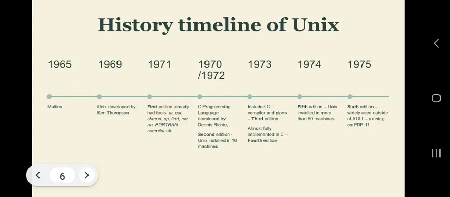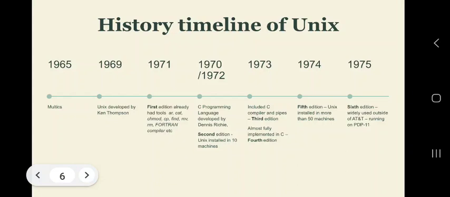In 1972, the C programming language was developed by Dennis Ritchie, and 1972 became the official year when the C programming language was incepted.